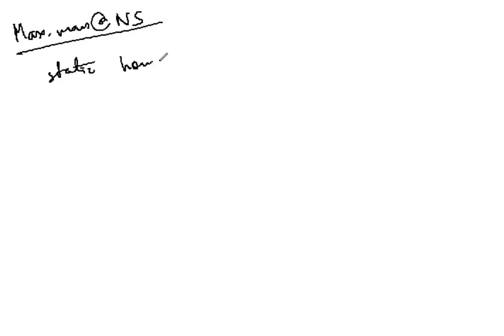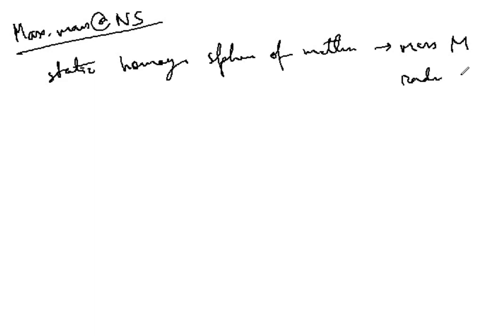Okay, fine. Now let's proceed. First we will consider the maximum mass. We will try to find it for a neutron star. So let us consider a static homogeneous sphere of matter with total mass m and radius r.